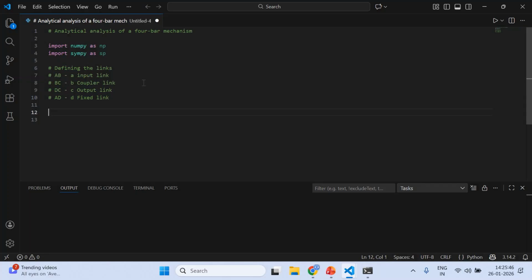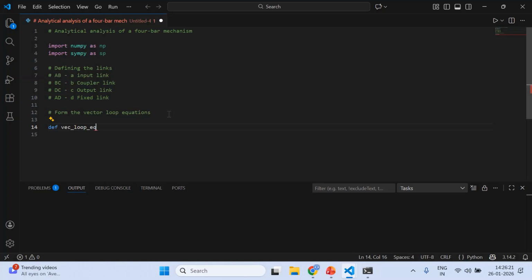After defining this, the next thing that we are going to do is simply form the vector loop equations, right? So let us see this. How can we define or form the vector loop equation in Python? This is quite obvious. We will simply define a function, define vector loop equation.